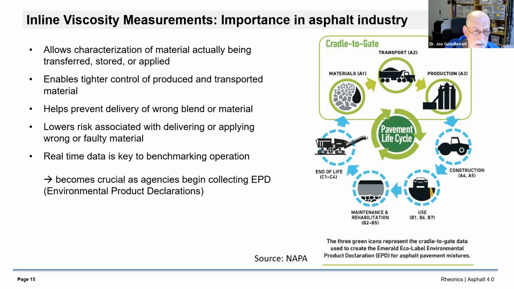They can detect and prevent delivery of the wrong blend or material, which can be quite costly. They lower the risk of accidentally applying improper or defective material by catching the defects as the material is being transferred. And in the longer view, real-time data is essential to benchmarking operations, contributing to optimization and quality improvement of the production, transport, and application processes.